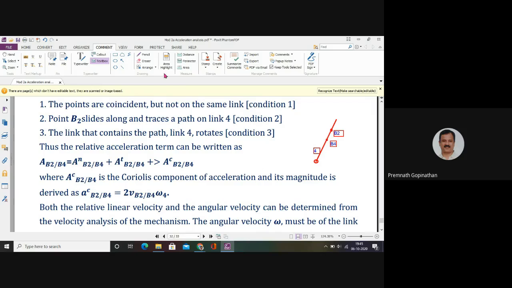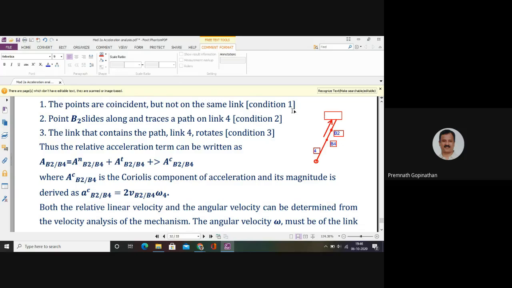So here in this particular case, I can see that this velocity of B2 with respect to B4 is moving in the upward direction. This is the direction of the sliding velocity of B2 with respect to B4.